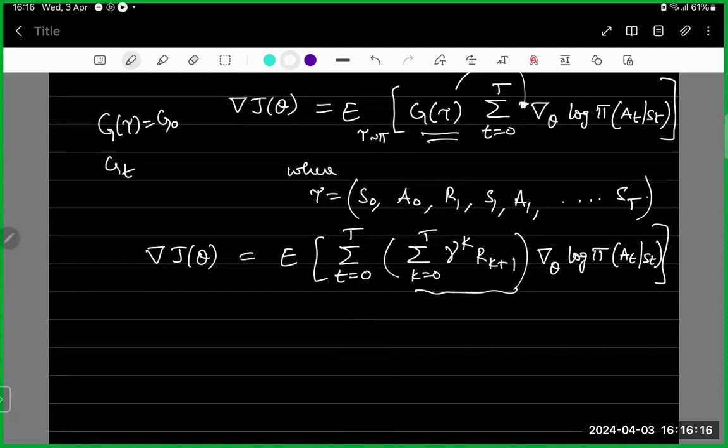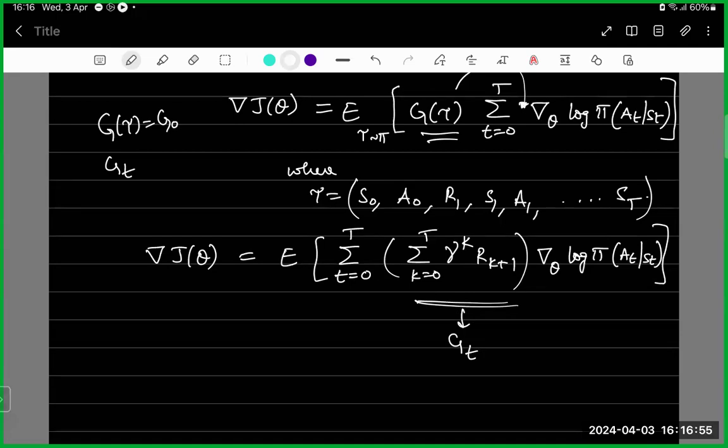So if here G tau is G naught, and I want to make it GT, what should I argue? Instead of G tau, I want to write GT there. GT has fewer terms compared to G naught.